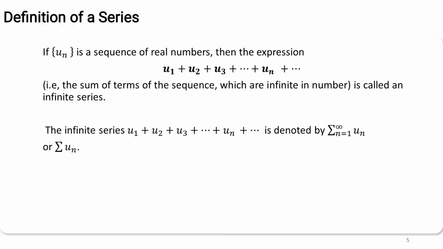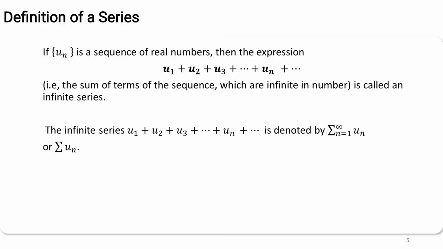If un is a sequence of real numbers, then the expression u1 plus u2 plus u3 plus etc. plus un plus etc. The sum of terms of a sequence which are infinite in number is called an infinite series, or the sum of terms of a sequence which are finite in number is called a finite series. Totally, series are of two types: finite series and infinite series. A finite series has a finite number of terms, and an infinite series has an infinite number of terms.